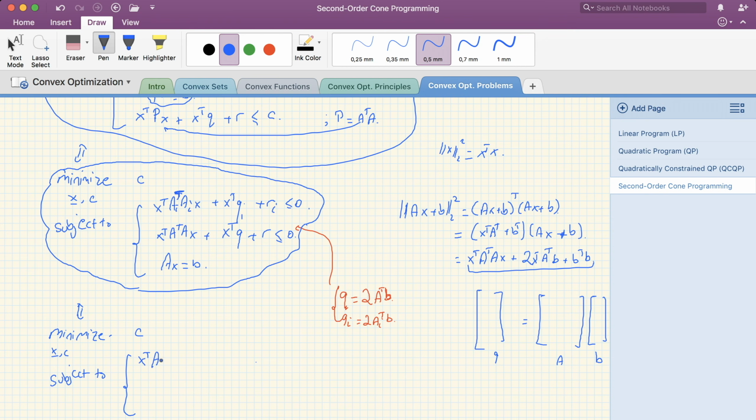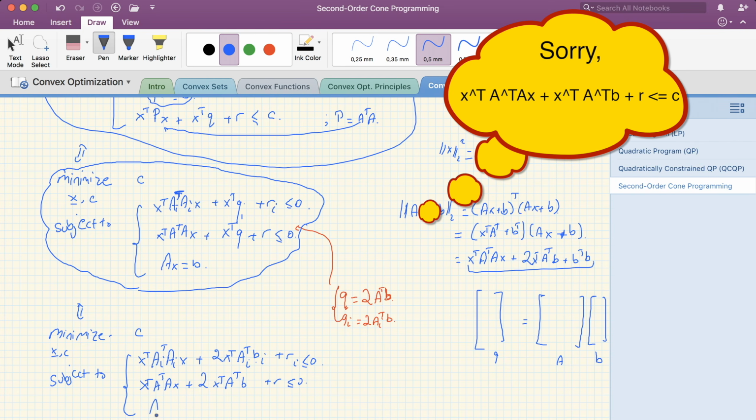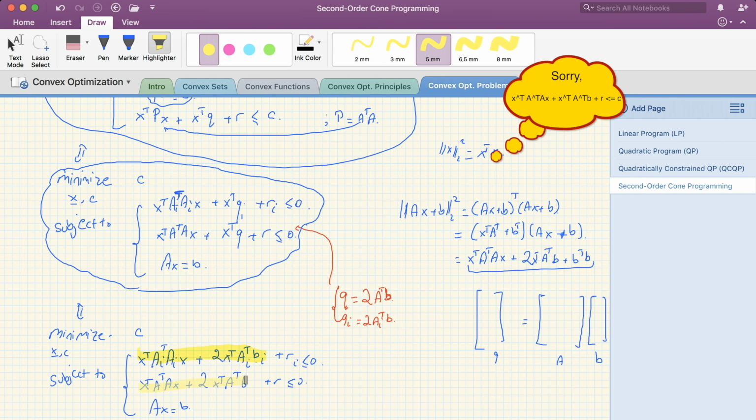Subject to x transpose Ai transpose Ai x + 2 x transpose Ai transpose Bi, here we have an Ai x + ri less than 0. Then x transpose A transpose A x + 2 x transpose A transpose B + r negative, and Ax equals B. So those two parts and those two parts are actually those parts in the norm.